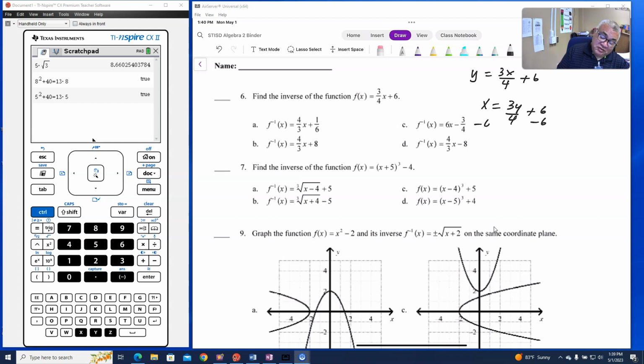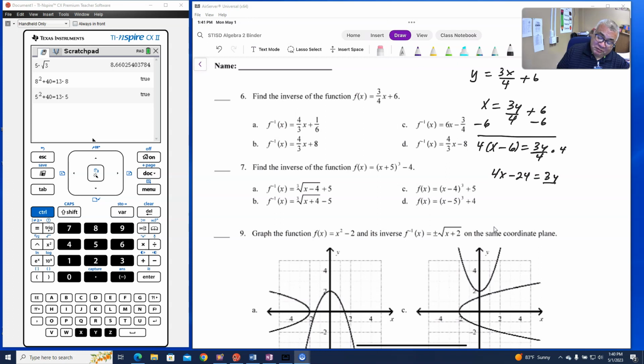Subtract 6 from both sides. So you have x minus 6 is equal to 3y over 4. And since we don't want a 4 in the denominator, we're going to multiply by 4 to both sides. So what you have is 4x minus 24 equals 3y.